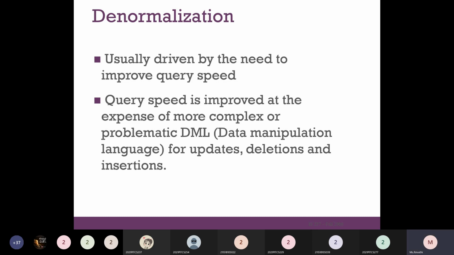So denormalization helps us to improve the query speed, whereas normalization helps us to reduce the redundancy. Denormalization helps us to improve the operation speed.